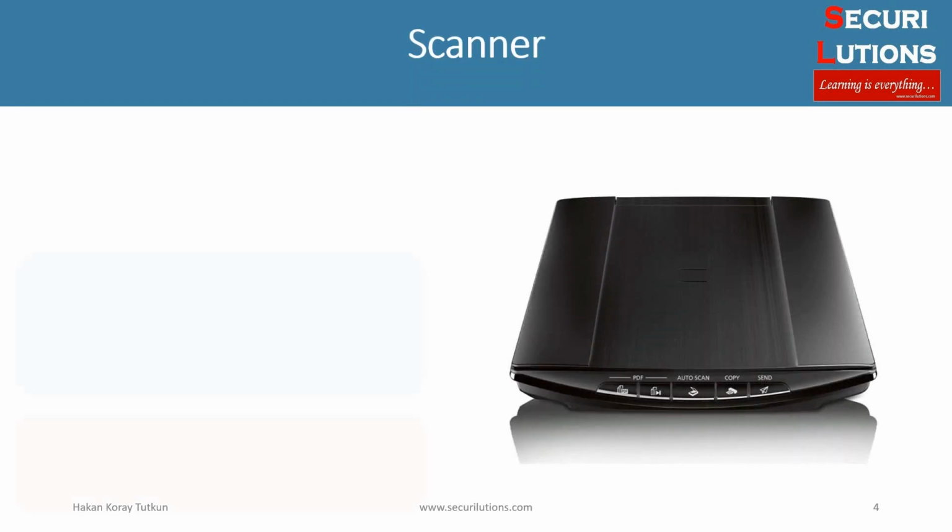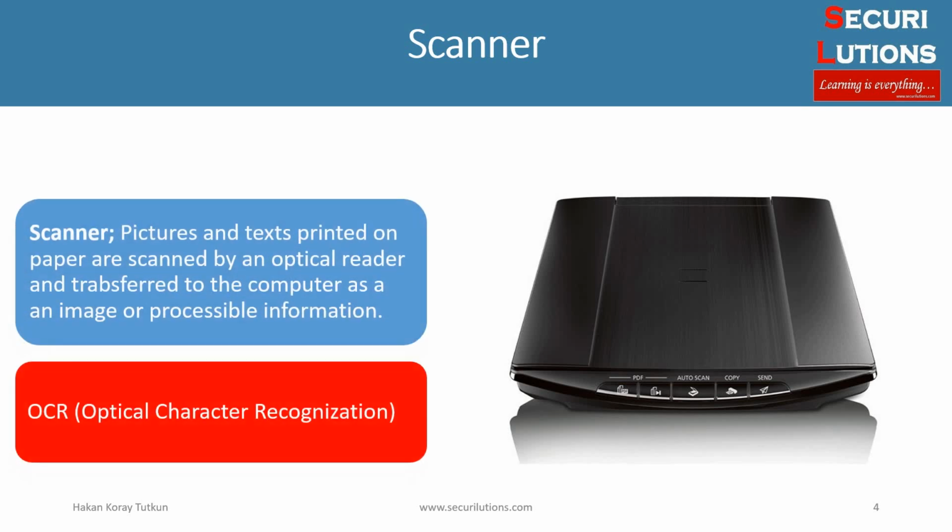While entering data to the computer, it may be necessary to save printed pictures and to process documents written on paper into the computer from time to time. Or photos previously printed on paper may need to be uploaded to the computer. In such cases, the hardware we call a scanner is used. Scanned documents are normally transferred to the computer in a form that cannot be changed, like photos.